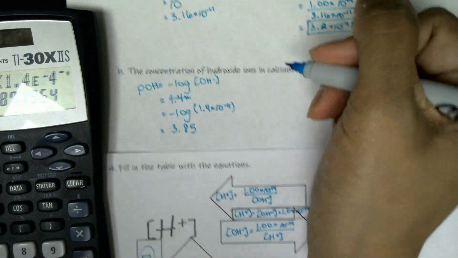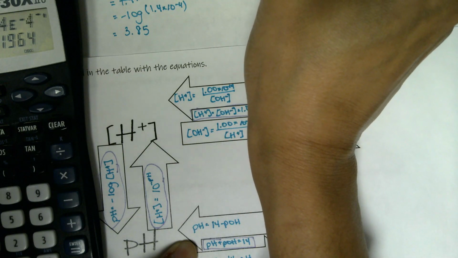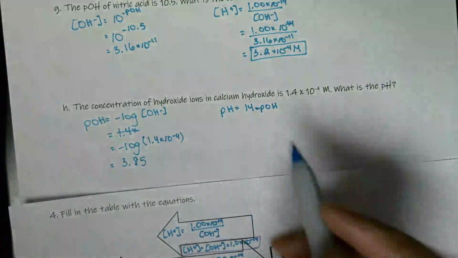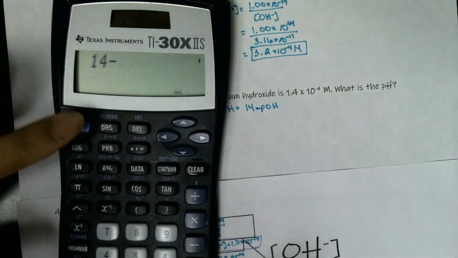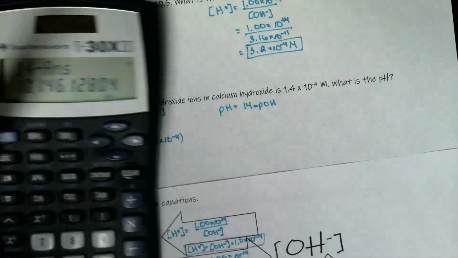And I also know that my pH is equal to 14 minus my pOH. Ideally I wouldn't round in here, but I could say 14 minus the second answer gives me this.